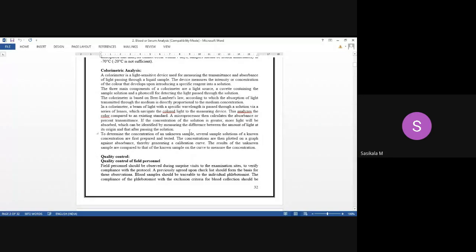And what are the methods to interpret the concentration of the sample with the standard? One is the direct comparison method. That means sample absorbance is compared with standard absorbance. Standard means it is of known concentration, whereas the sample is of unknown concentration.